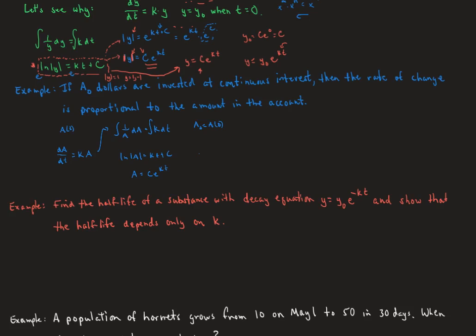So plugging in 0 for the t and A sub 0 for the A tells us that the initial amount c is A sub 0. And so we get something that looks like this, and you might recognize this as our PERT formula from way back in your Algebra 2 days, and we did that in AP Prep 2. That's the initial amount, sometimes called the principal, and that's going to be the continuous interest rate, that growth rate.